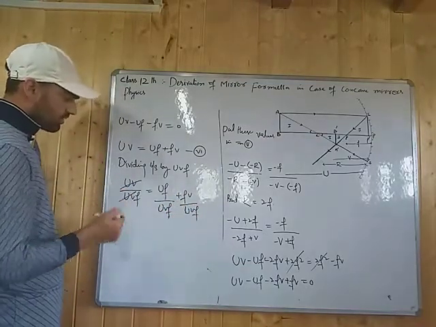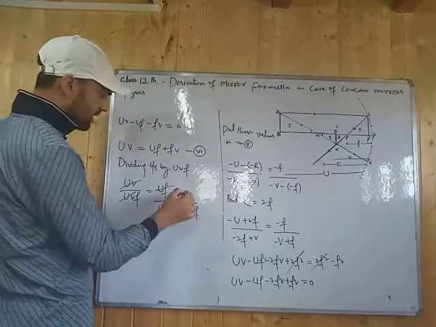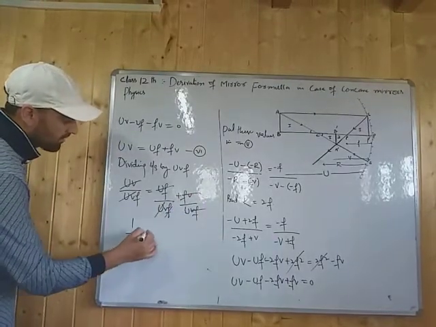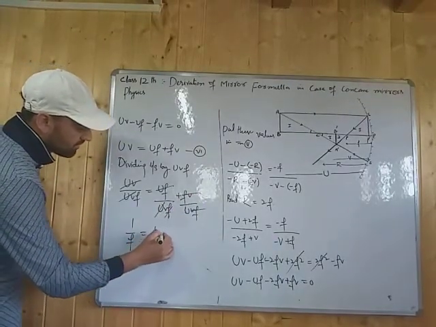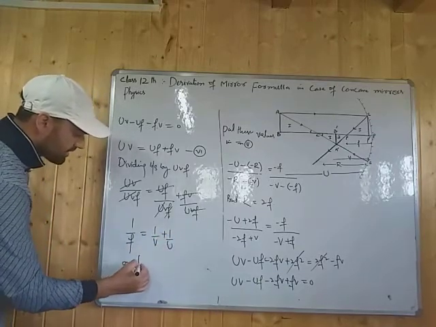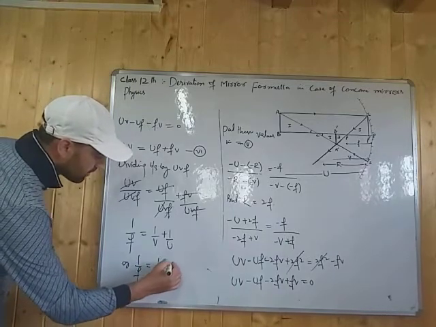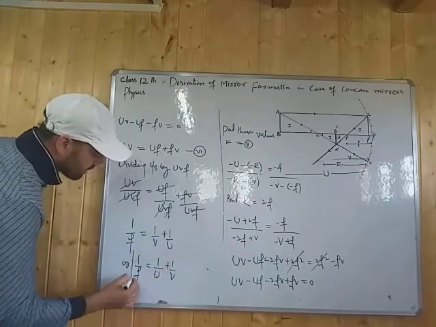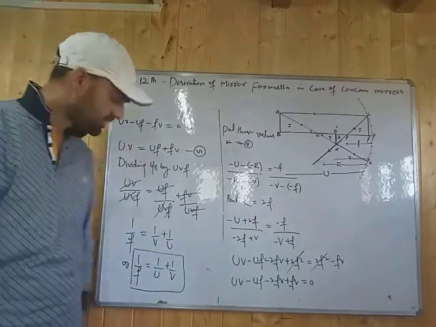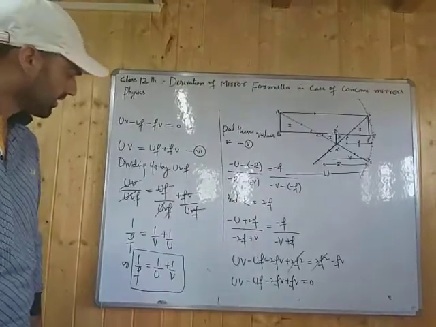So UV cancels, UF cancels, FV cancels. So 1 divided by F is equal to 1 divided by V plus 1 divided by U. Or we can write here 1 divided by F is equal to 1 divided by U plus 1 divided by V. So this is the derivation, or we can say proof, of the mirror formula in case of concave mirrors.